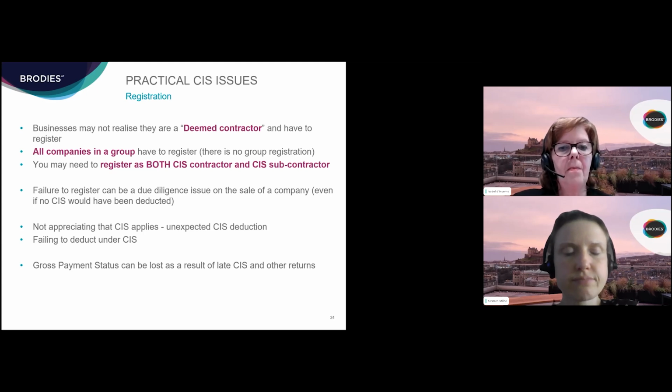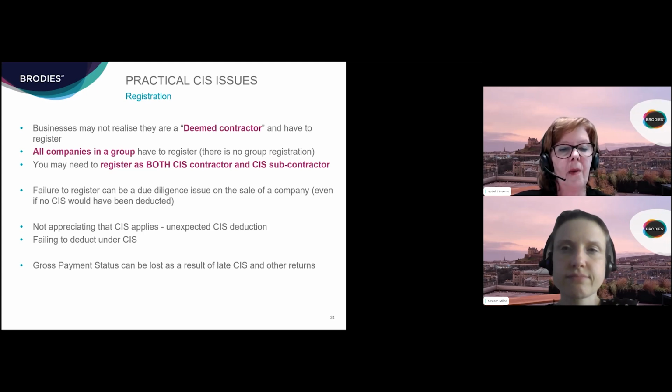If a company is being sold, then it's one of the things that often comes up in due diligence. Has the company done everything it should in terms of the CIS? And frequently they haven't. We actually were involved in one sale of a client company where the buyer's bank said, sorry, we're not going to buy this company because it hasn't registered for the CIS when it should have done, and it hasn't submitted returns.